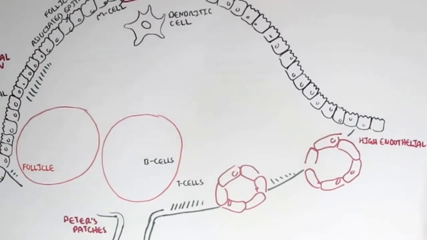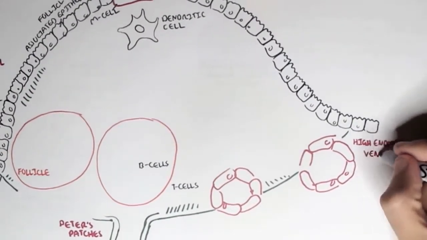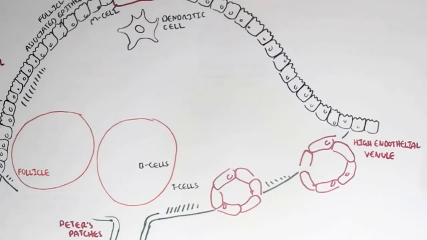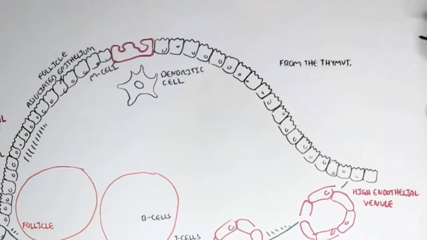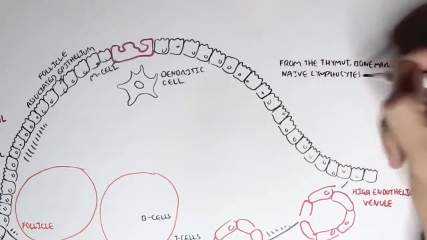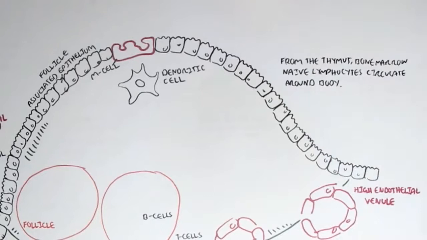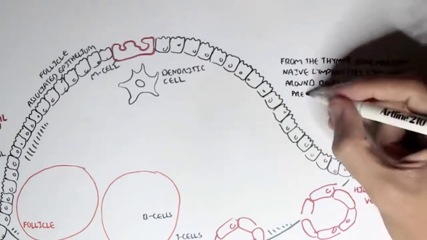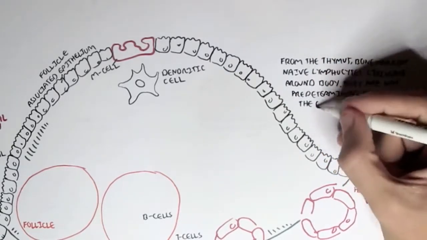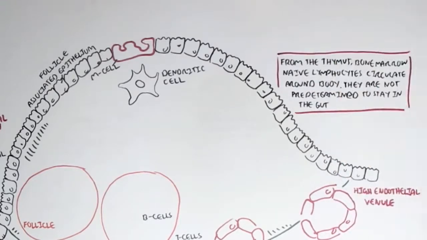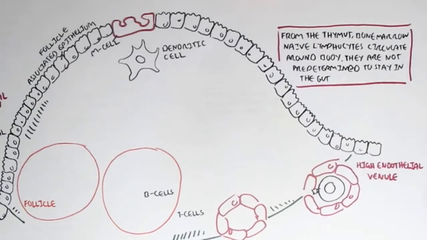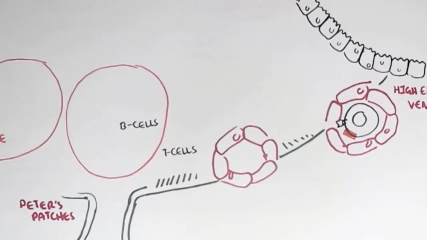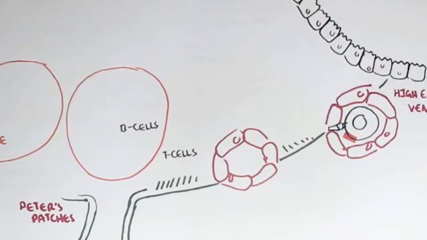Now the question is, where do these immune cells come from, particularly these naive immune cells, such as the naive lymphocytes? Well, they come from the high endothelial venules, from the bloodstream. From the thymus, the bone marrow, the naive lymphocytes actually circulate around the body, and they're not predetermined to go to the gut. They can go anywhere depending on where the signal takes them. For example, all lymphoid tissues secrete chemokines which attract the lymphocytes.